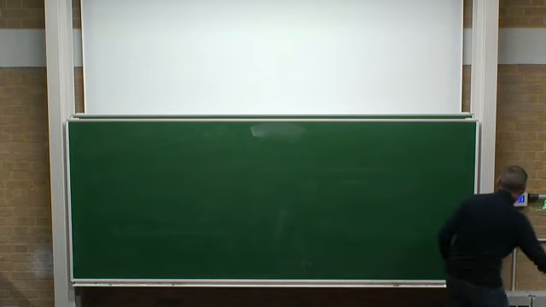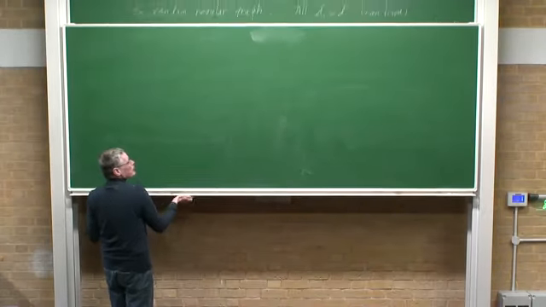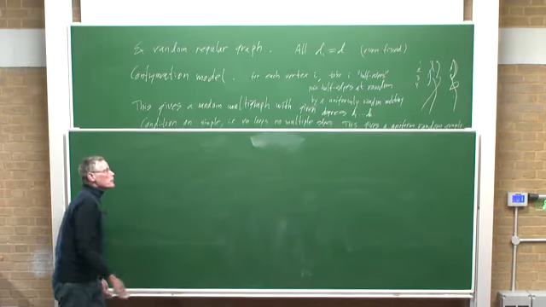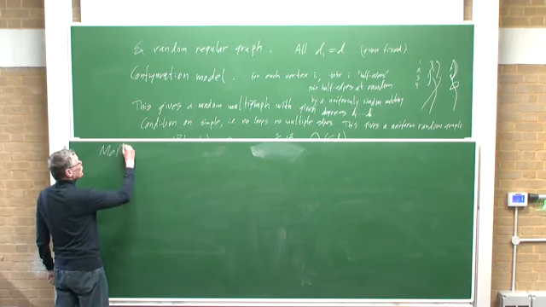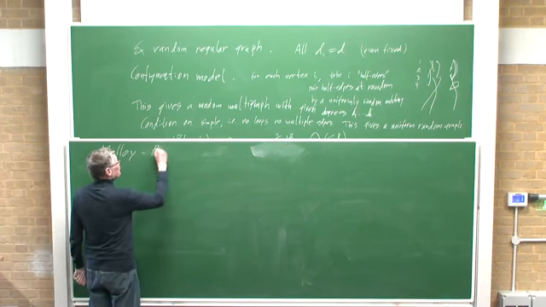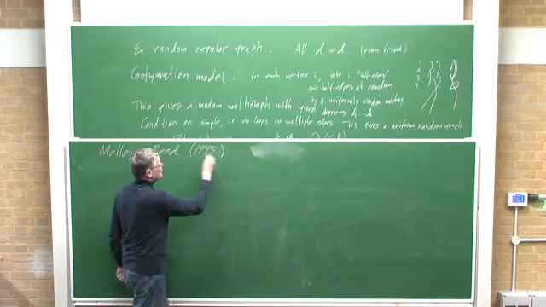So first of all, for this model here, the main question is whether there is a giant component or not, and that was answered by Molloy and Reed from 1995.